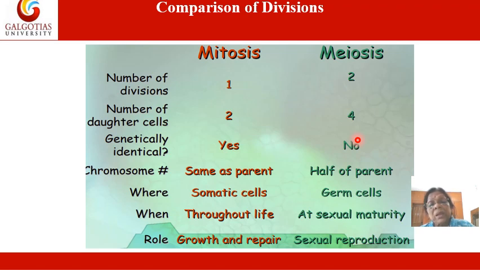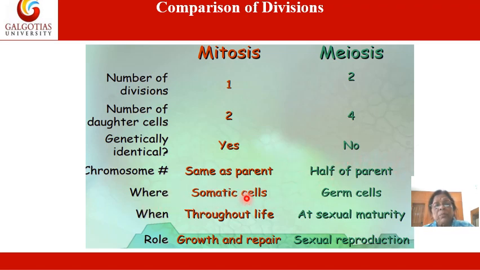X and Y will separate, so one set will have X cells and another set will have Y cells. In mitosis, the chromosomal status is the same as the parent, but here in meiosis they are half of the parent.